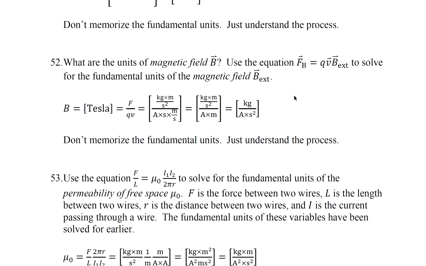Question 52, what are the fundamental units of magnetic field B? That's Tesla. Then use the equation F equals QVB to solve for the fundamental units of the magnetic field B. So first solve for B, which is F over QV. Plug in the fundamental units for each variable. Then you could simplify to get an answer.